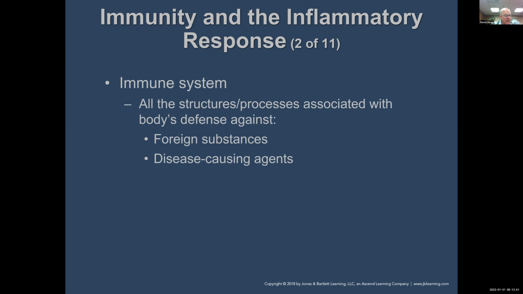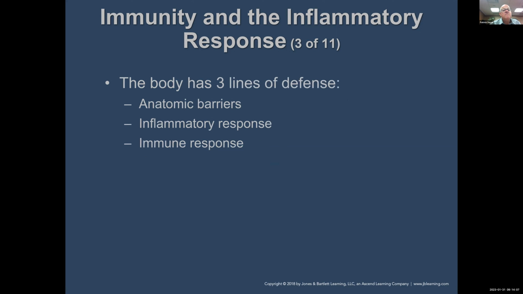We have the innate, and then we have the man-made, like we do vaccinations and stuff like that. We have immunity caused by anatomic barriers, which would be the skin, the inflammatory response, and then the immune response. Again, that's antigens and antibody that creates memory cells, etc.